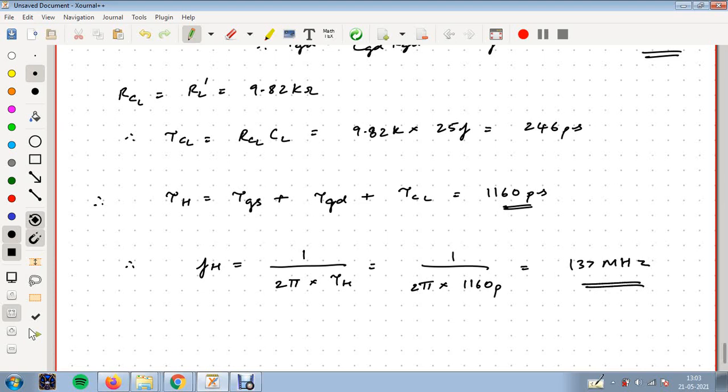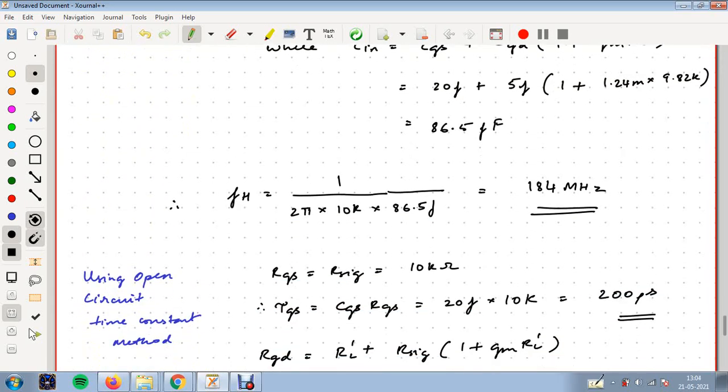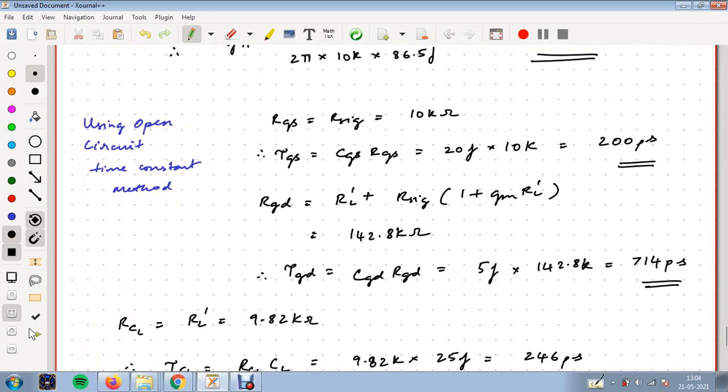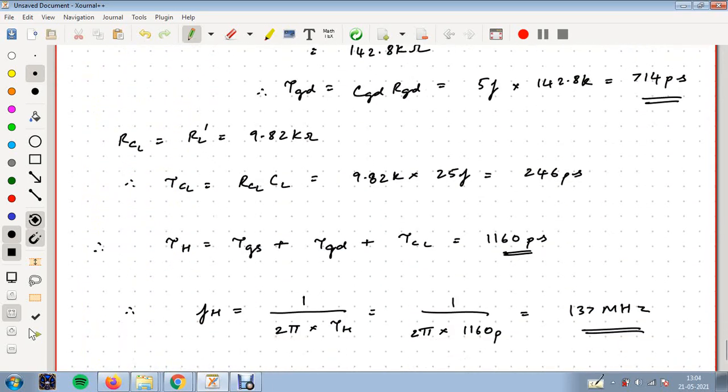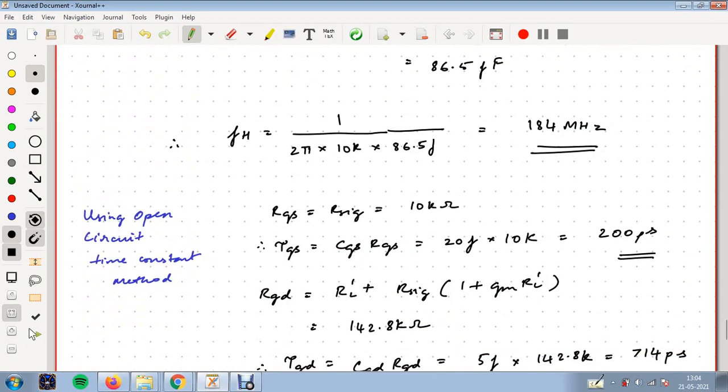137 megahertz. Now compare both of them. In the case of Miller's method, you got 184 megahertz, whereas using the open circuit time constant you got 137 megahertz. There is a considerable difference between the two.